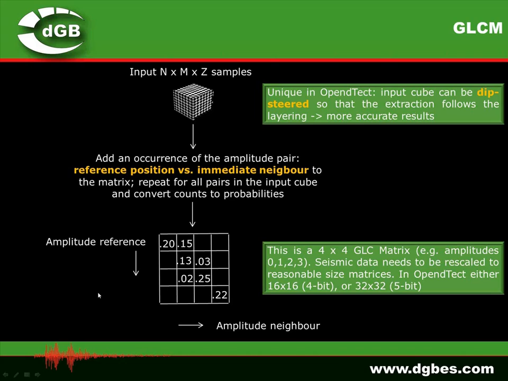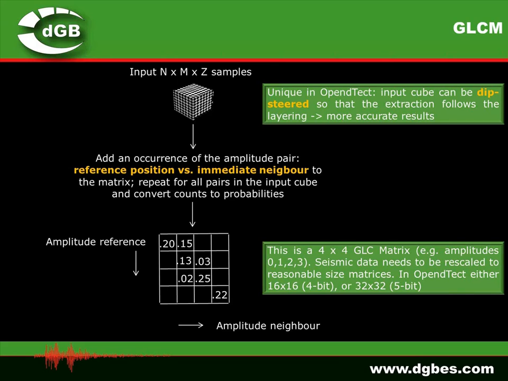In OpendTect, we have two sizes for the matrix, 16 by 16 or 32 by 32. Here is just an example using 4 by 4. In OpendTect, we also have the ability to use the steering cube as extra input.